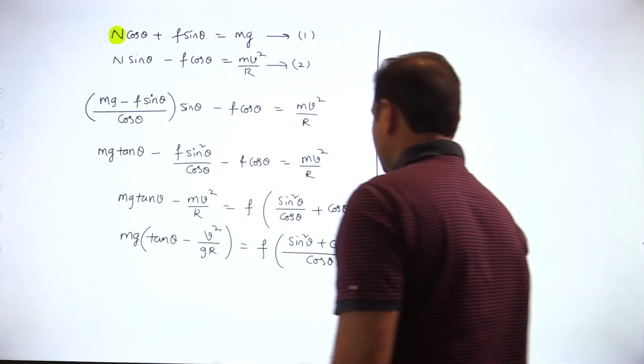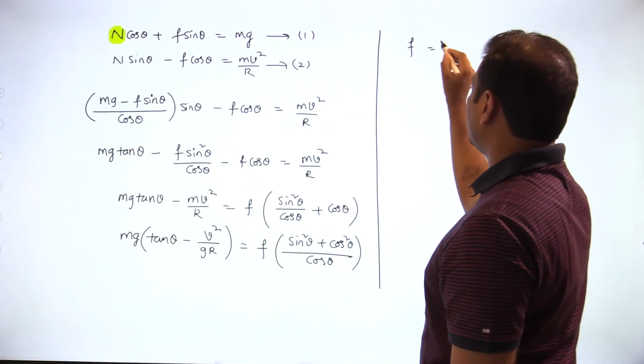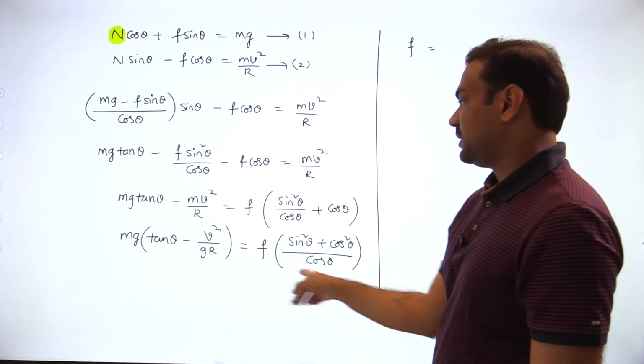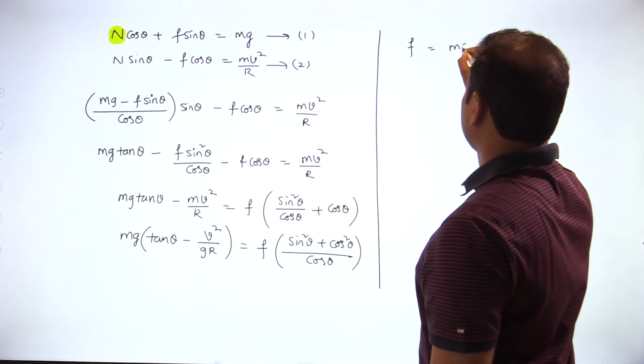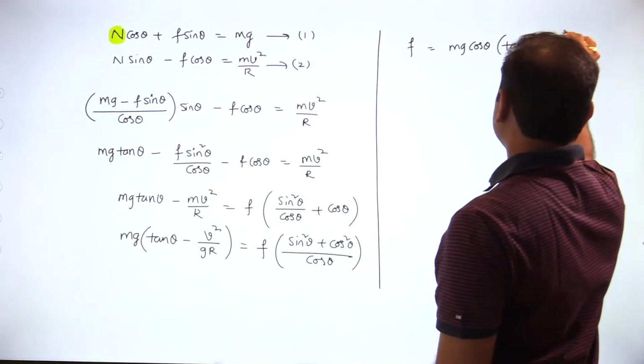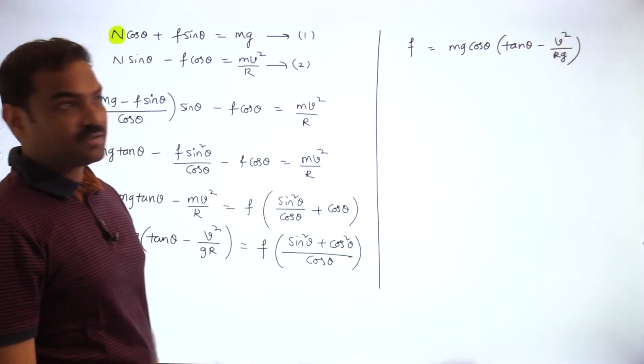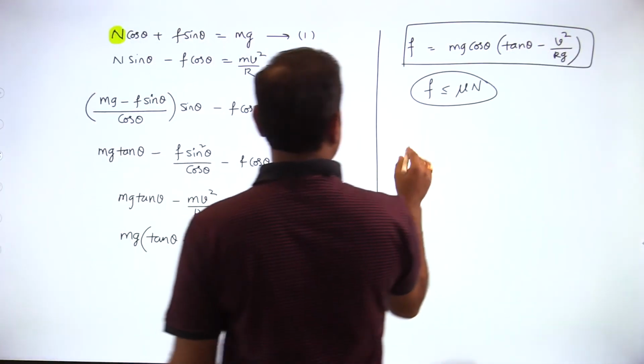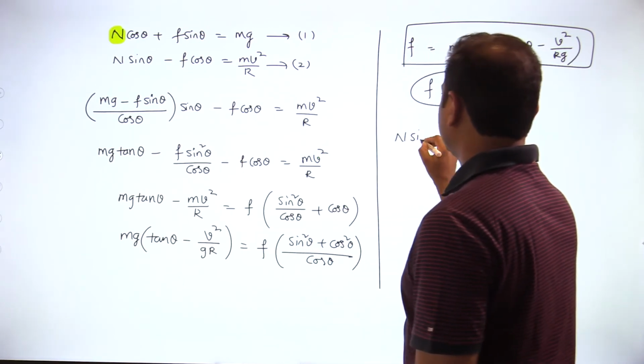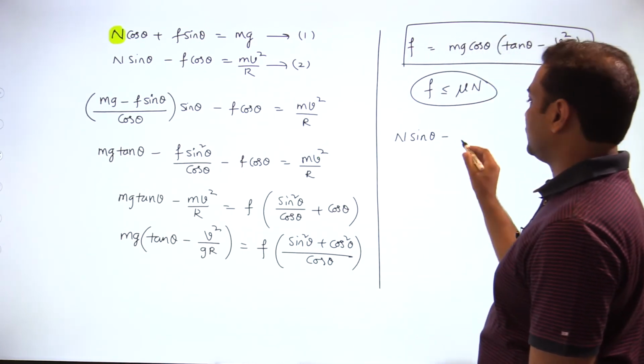So finally, what is the friction force value equal to? Friction force value is equal to, this 1 by cos theta on that side, let us say mg cos theta into tan theta minus v square by rg. So this is the friction force value. So what is the normal reaction value I can write down? See, I can write down the second equation as N sin theta minus, in the place of friction, what can I write?